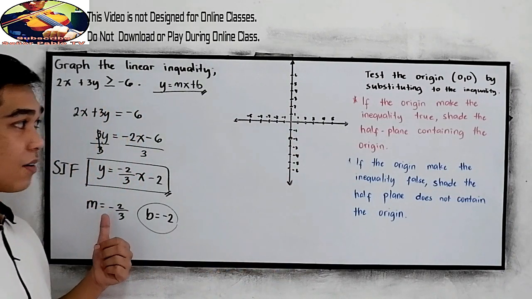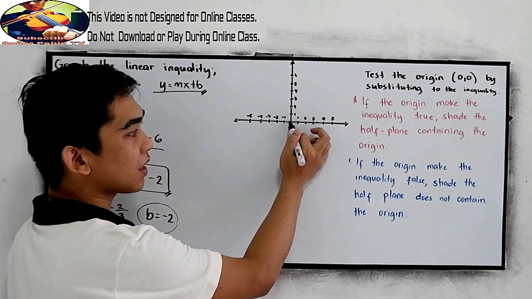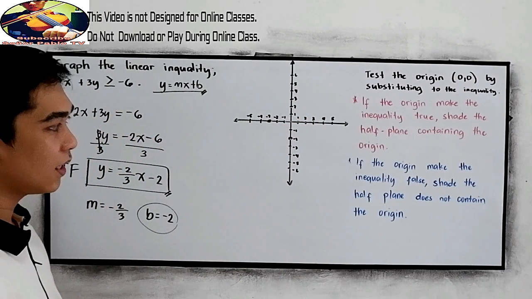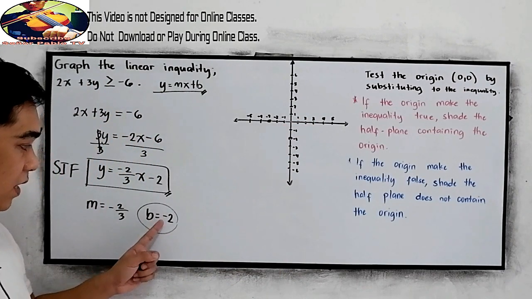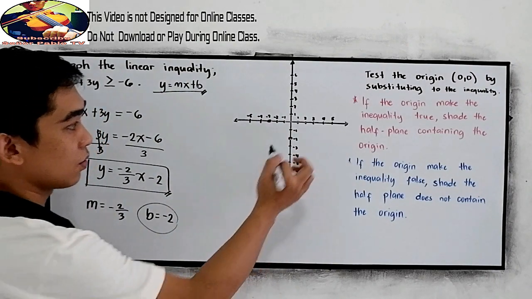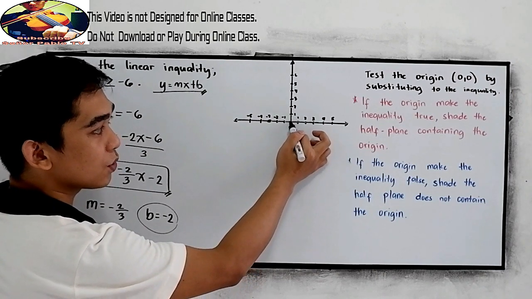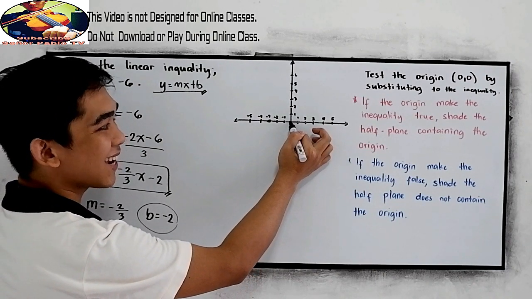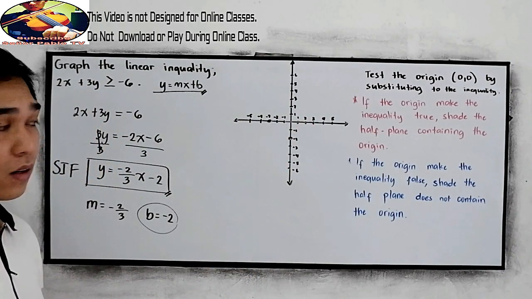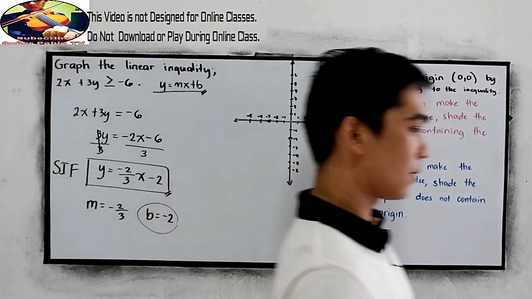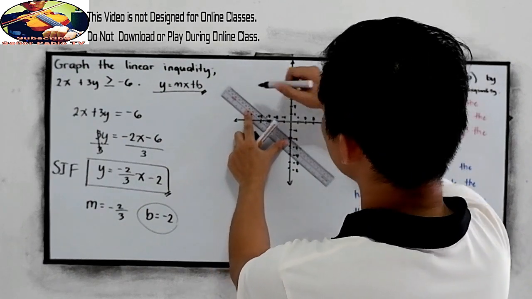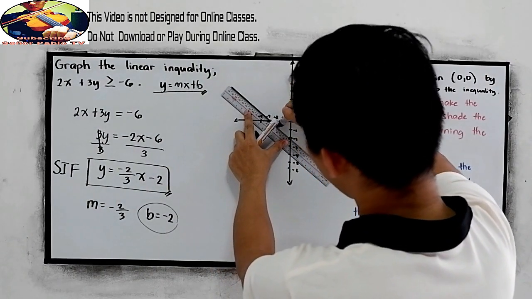Then since this is negative, run going to the left 3 times: 1, 2, 3. So the point is located here. Again, let us repeat. Negative 2 on the y-axis. Then rise 2 times, 1, 2. Then run to the left because it is negative, 1, 2, 3. Now we are ready to connect our line. Connect the points. We'll make a line. So this will be the line.